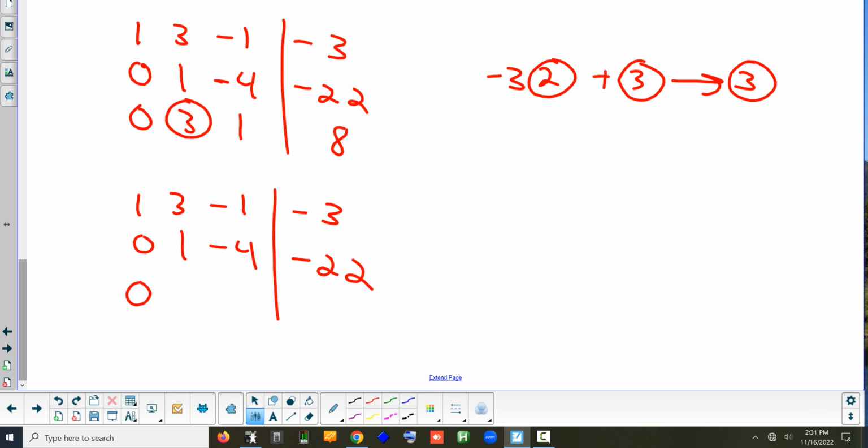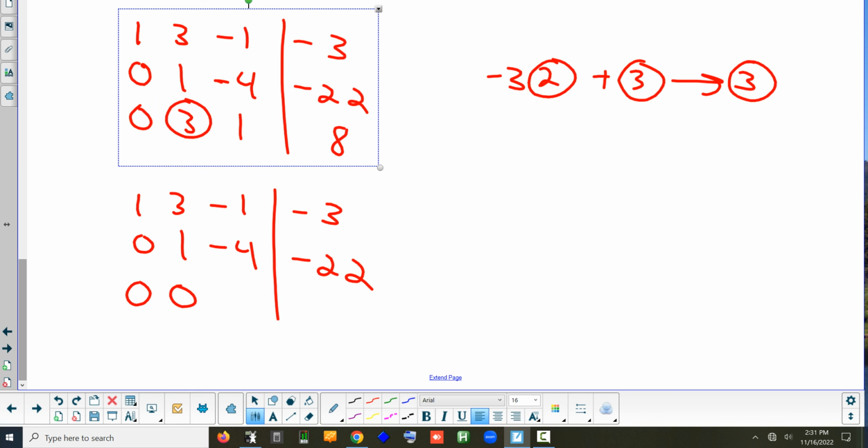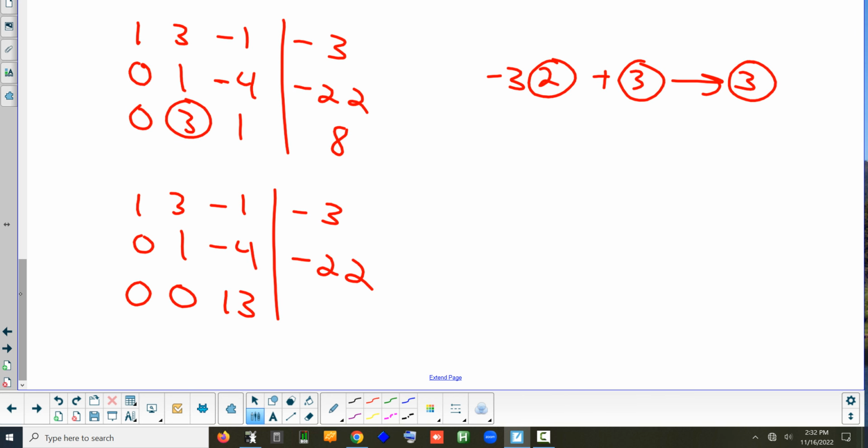Of course, that should stay 0. What's 1 times negative 3? Plus 3. 0. That's good. Negative 4 times negative 3? 12 plus 1? 13. What's negative 22 times negative 3? 66 plus 8. 74.